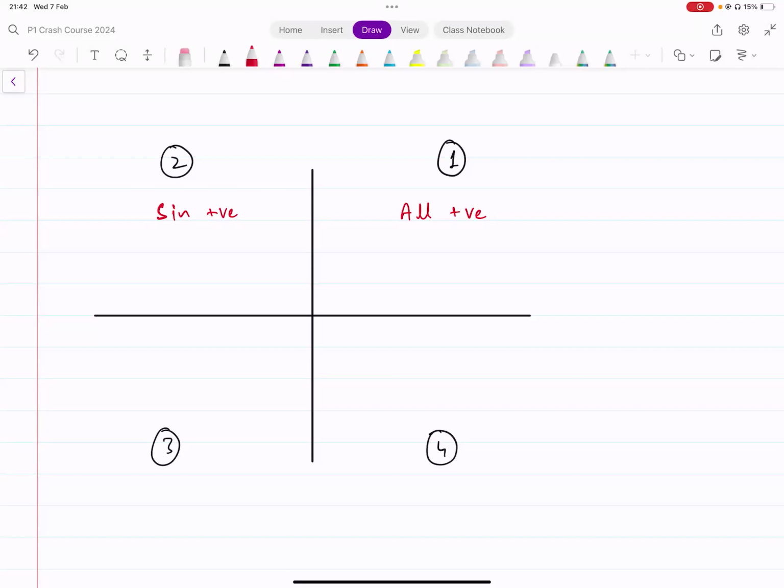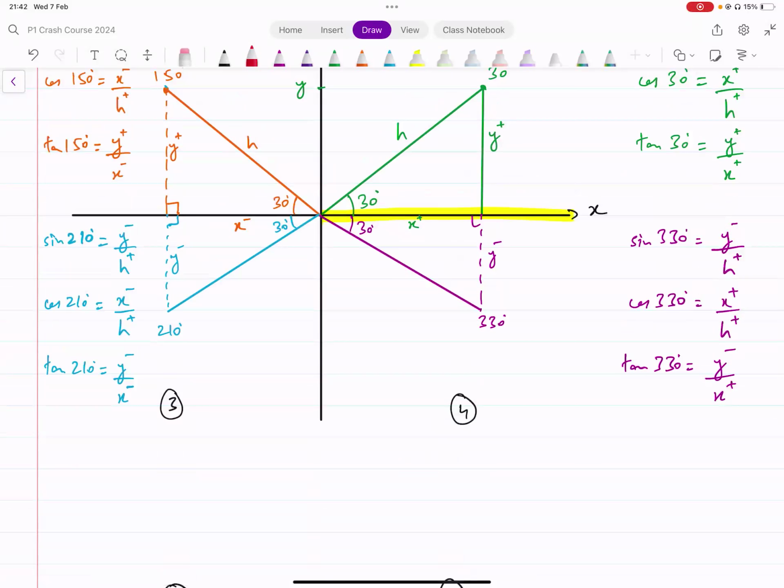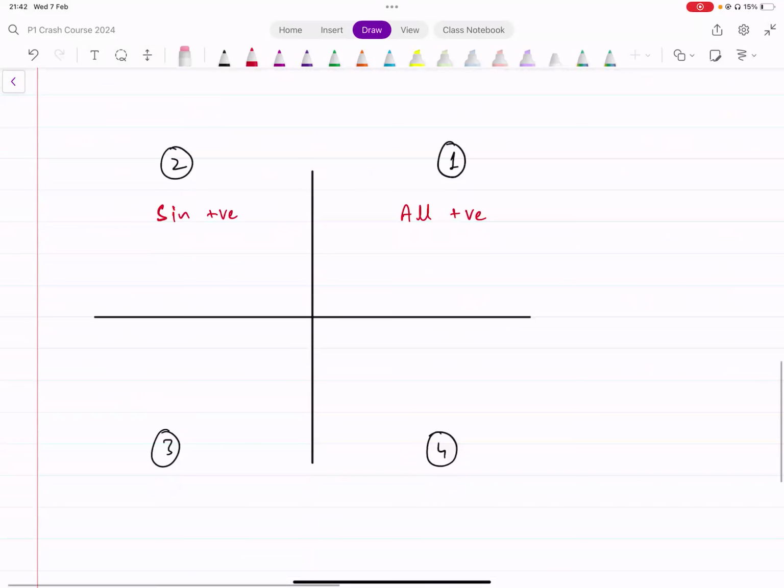Okay, then in the third quadrant, you see tan is positive and sine and cos both are negative. So you can say in the third quadrant, you've got tan that is positive. If tan is positive, you say the other two, which are sine and cos, they are negative.